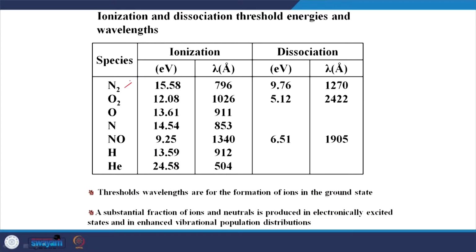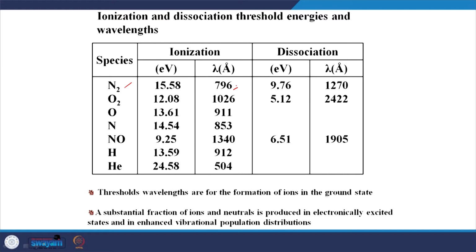So, every atom or molecule and its ability to absorb a certain amount of radiation can be understood by looking at its ionization potential. Let us say for example, for ionization, the energy that you require to ionize the N2 nitrogen molecule is typically of the order of 15.58 electron volts, that is in the limit of 796 angstroms, right.